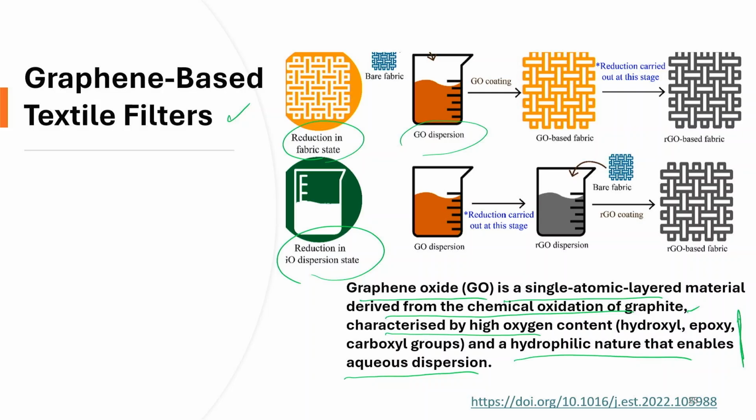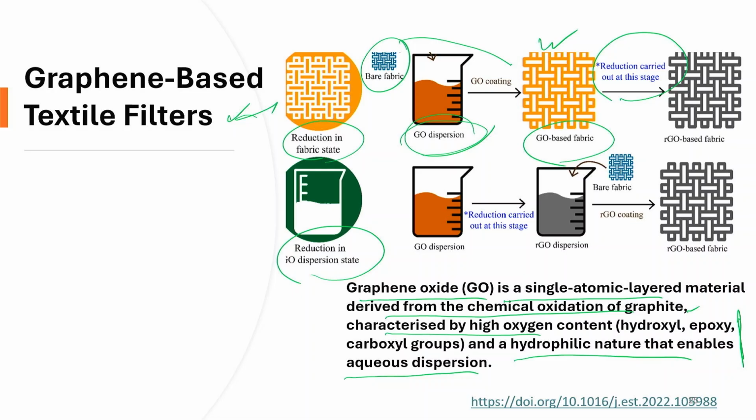So, you can see the two processes. The fabric is coated with the graphene oxide dispersion. This is the coated base fabric, and then the reduction is carried out after coating. This is one way.